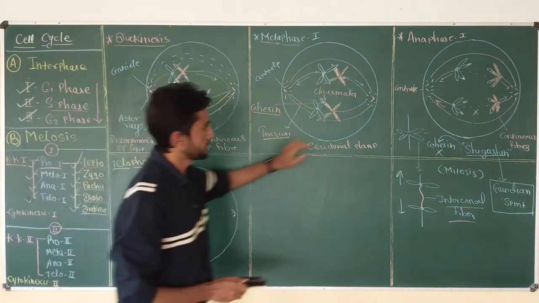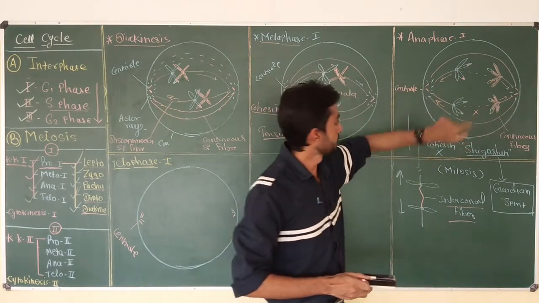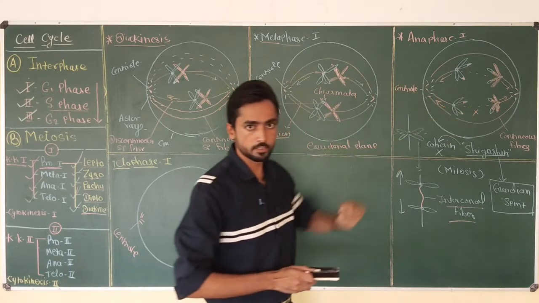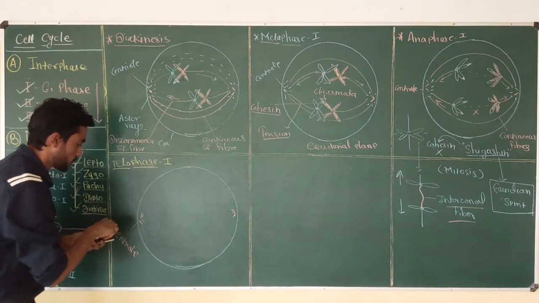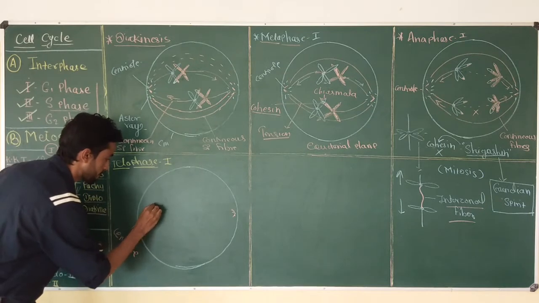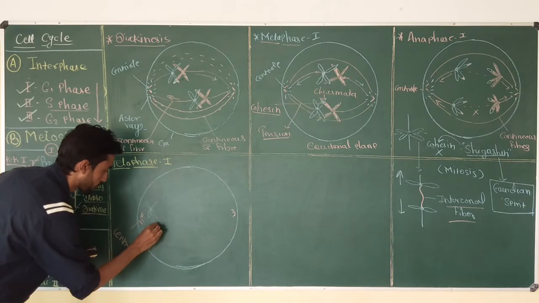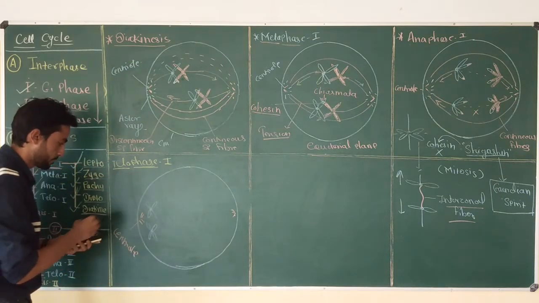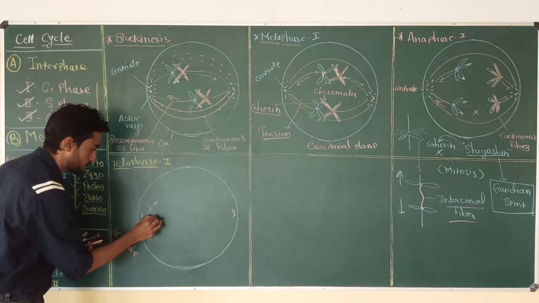Now in telophase, the separated chromosomes from the pair reach their respective poles. So now this centriole is going to have two chromosomes initially. Both the chromosomes have exchanged genetic material, that is, fragments of the opposite chromosome.